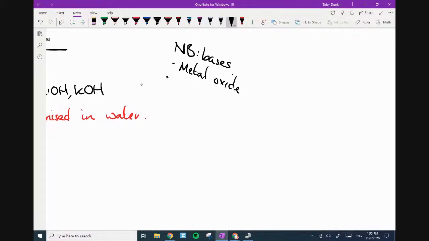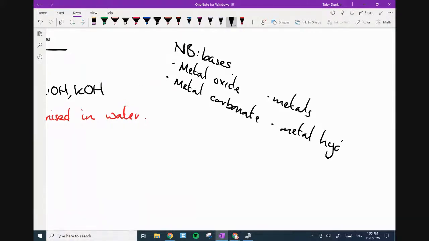Metal oxide, metal carbonate, metals themselves, and the metal hydroxides. So we only ever talk about the hydroxides in terms of strength.